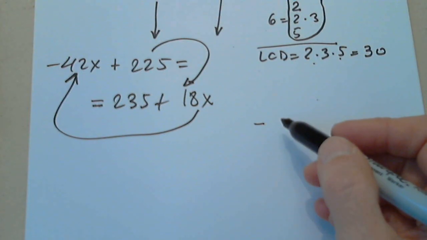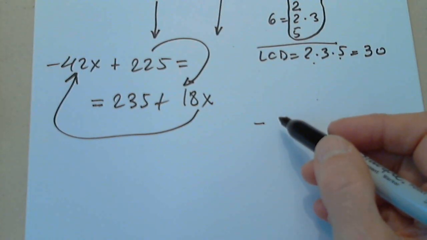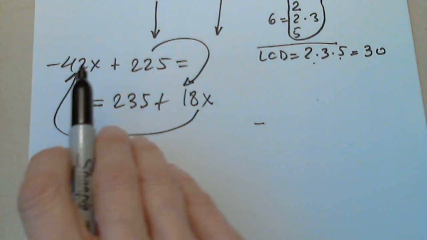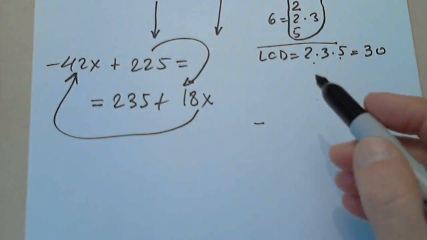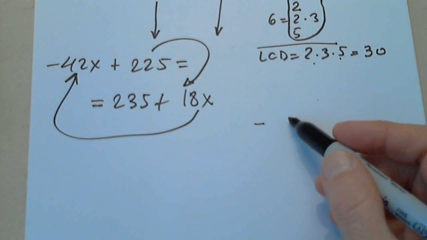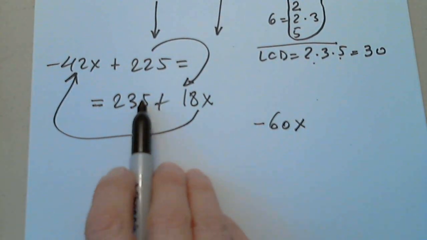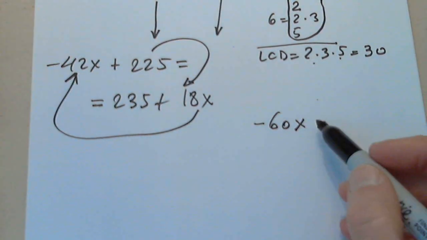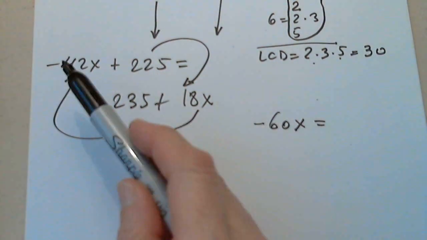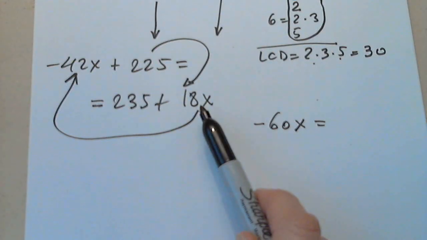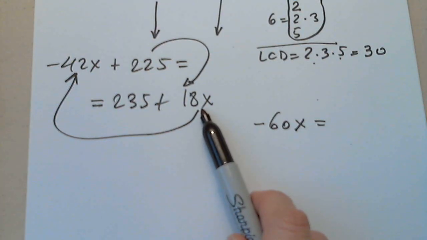What do we get? Negative 42 minus 18. Negative 60x. And then 235 minus 225. So I owe you $42, and today I say, please give me another 18.